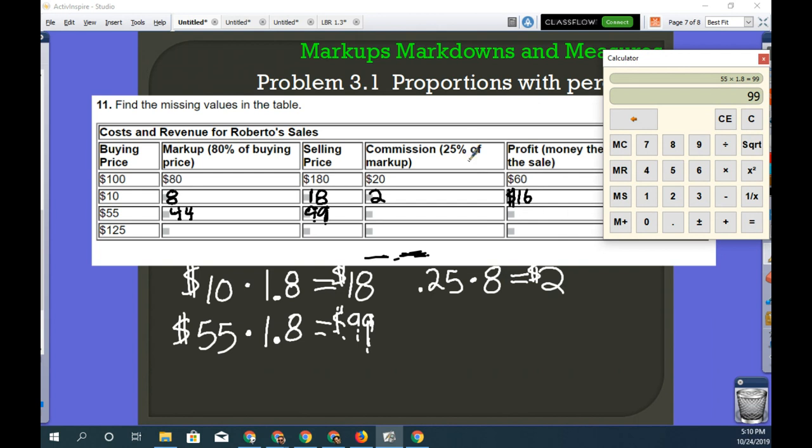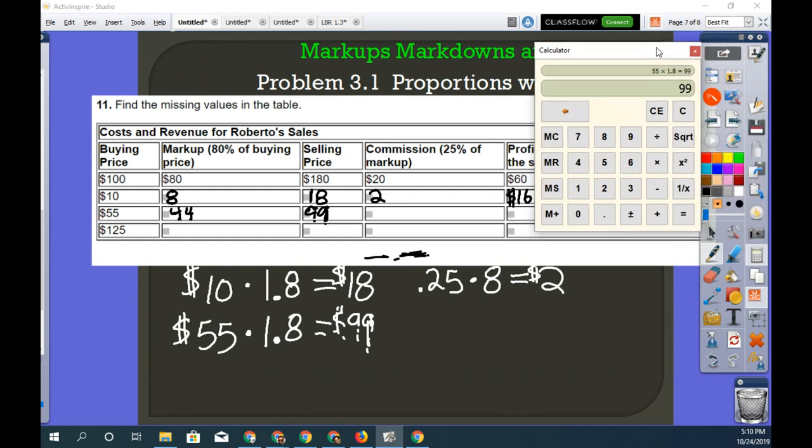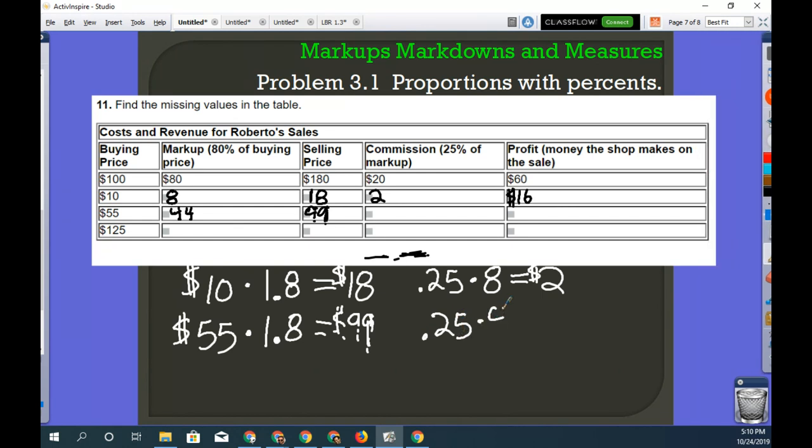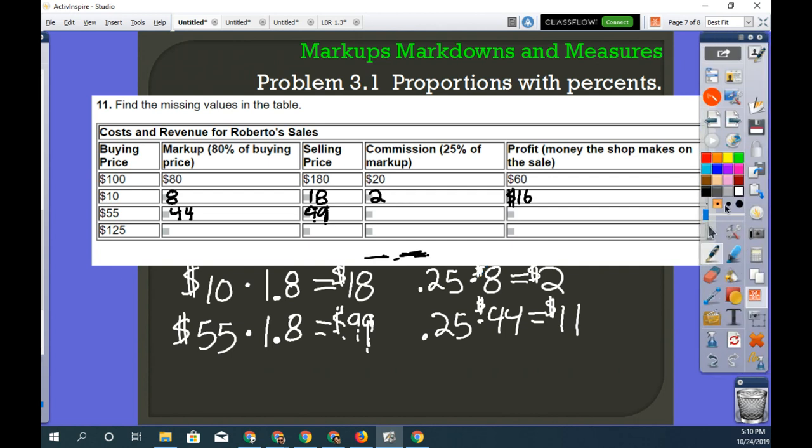Commission is 25% of the markup. My markup is $44, so I'm going to go ahead and calculate that out. 25% of $44 is $11. So that means my commission is $11 right here.